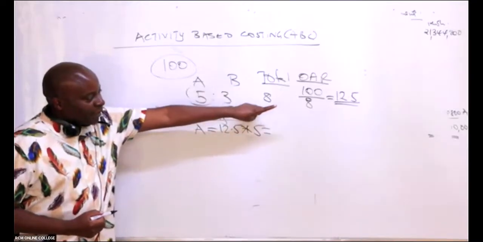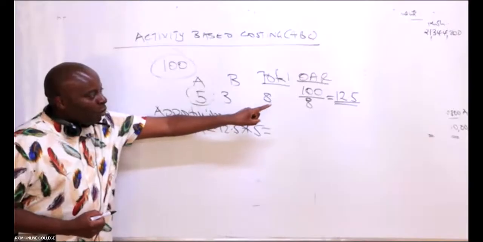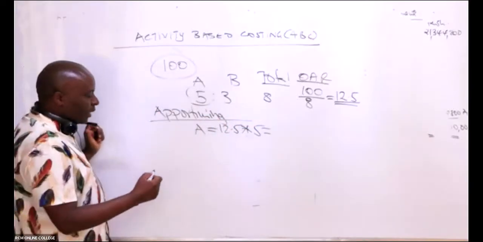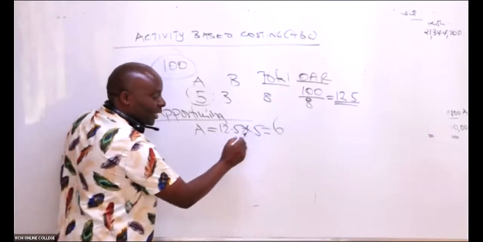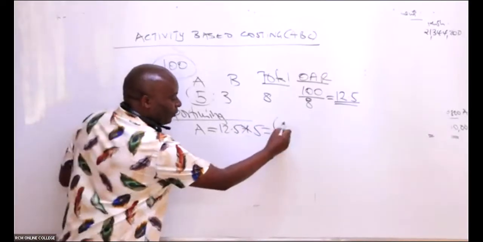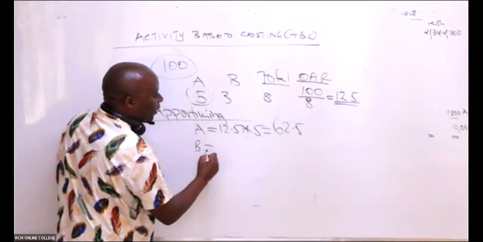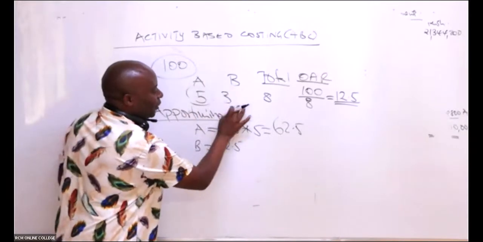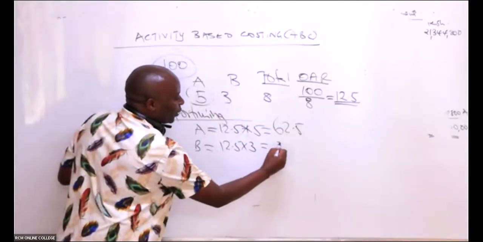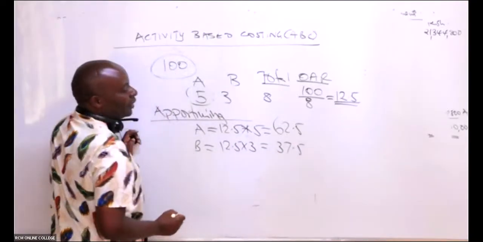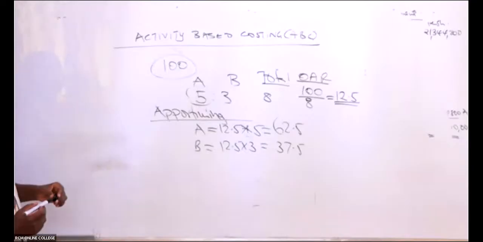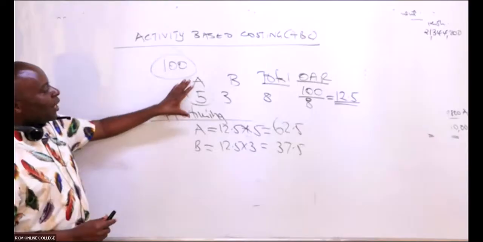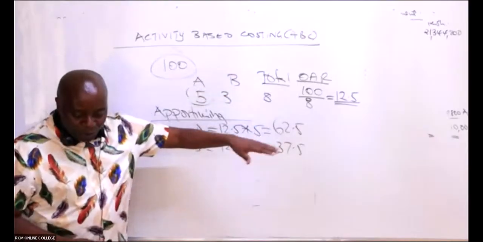Per activity unit, A will be consuming 12.5 and he has 5 units. Will this give me 62.5, isn't it? And then B, it will be the OAR times his units, times 3. And we shall get 37.5. And now that introduces us to what we call activity-based costing, and we shall be using this simple approach throughout.